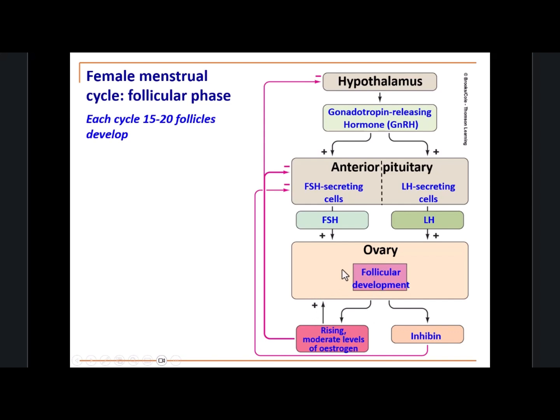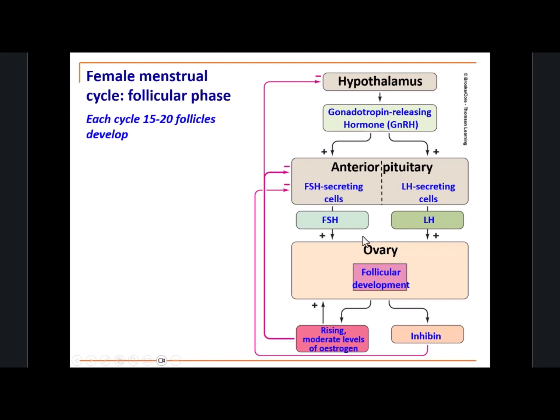As well as helping to stimulate follicular development, estrogen at this level is also inhibiting FSH secretion and acting at the level of the hypothalamus. So really, as the follicle develops, the levels of FSH start to drop.